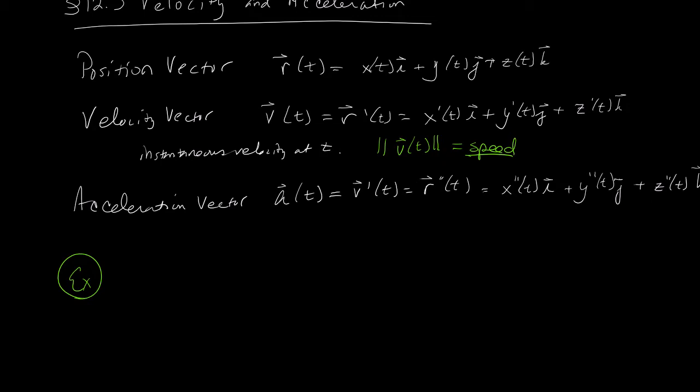So suppose I give you r of t is equal to 2 sine of t over 2 in the i direction plus 2 cosine of t over 2 in the j direction. Suppose this is giving you the position of a particle in motion along a curve.